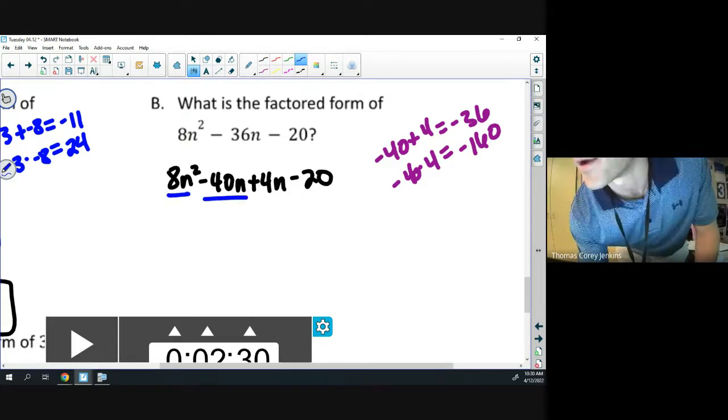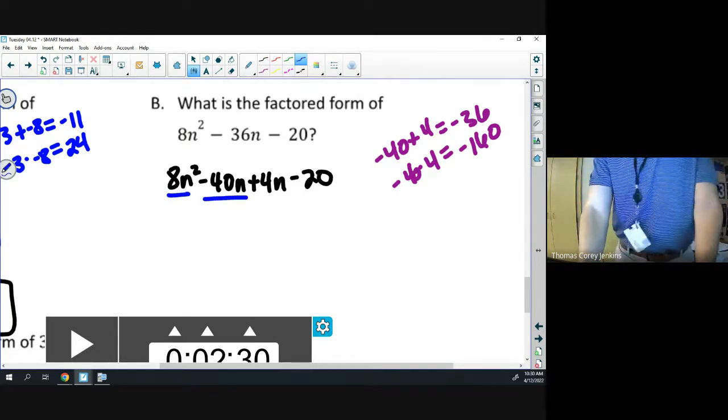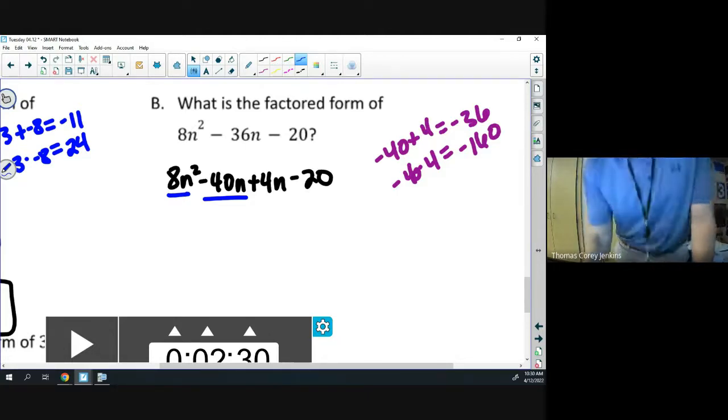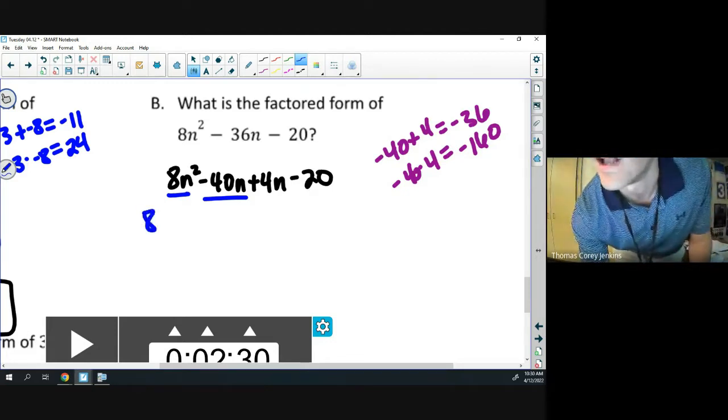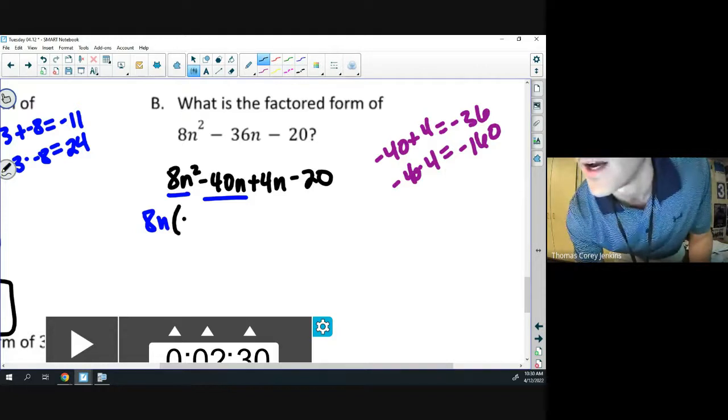Can anybody tell me what the GCF of the lead pair is? What can I take out of 8n squared and minus 40n? 8 what? 8n, good. And that's going to give me 1n minus 5.